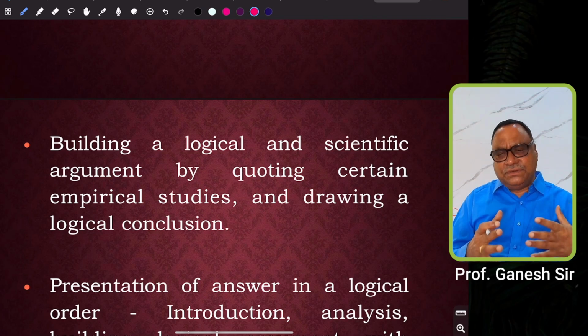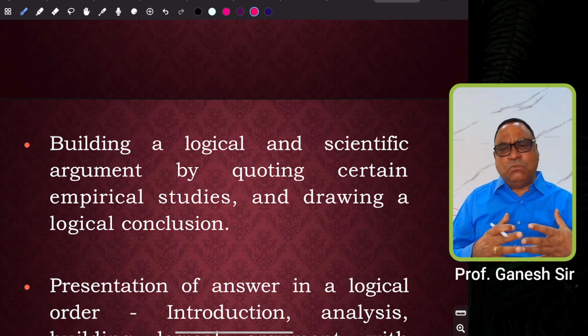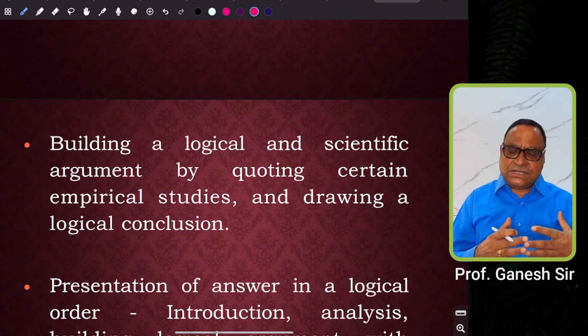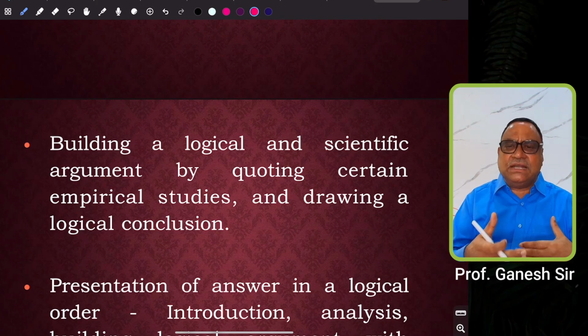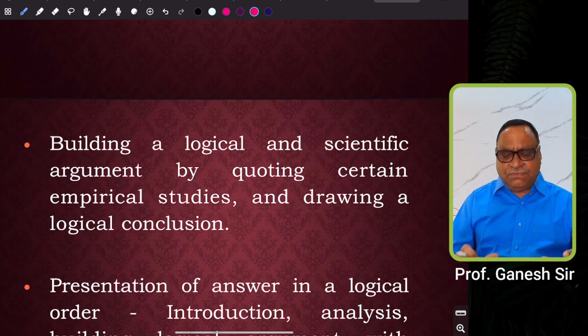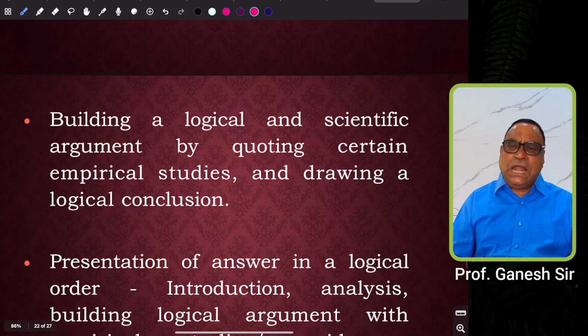If the student is able to mention these empirical studies to justify their answer, such a presentation would help them to score good marks.